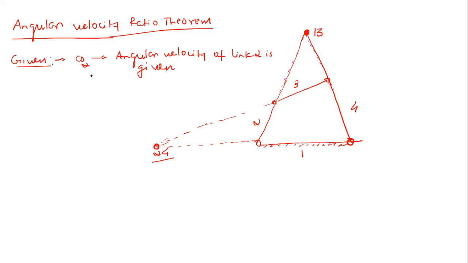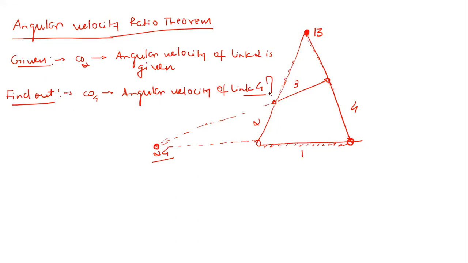Next, we have to observe what we have to find out. We have to find out the angular velocity of link 4, omega 4. So now, how to do this using the instantaneous center of rotation approach?